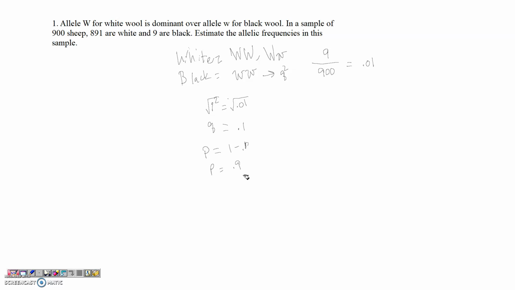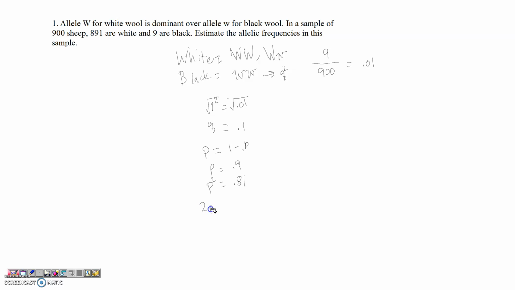So 90% of my population is going to be the dominant allele. Once you have p, you can figure out the frequency of those that are homozygous, the double capital W. In this case, 0.9 squared is 0.81. So 81% of the population will be homozygous dominant.